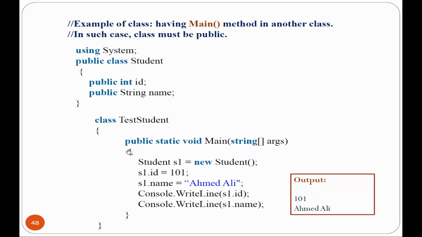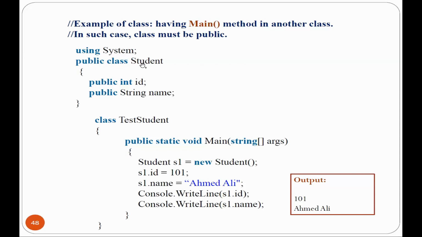So this is the perfect way to create a program in C sharp. Actually here we separated the data from the main method. In this way we divide the program into two classes, the first class is student, the second class is test student.